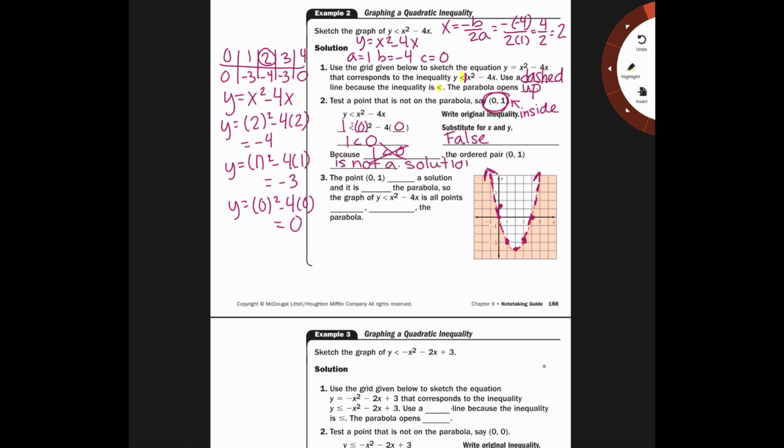And because 0, 1 isn't a solution, and it is inside the parabola, the graph of y is less than x squared minus 4x is going to be all the points outside.